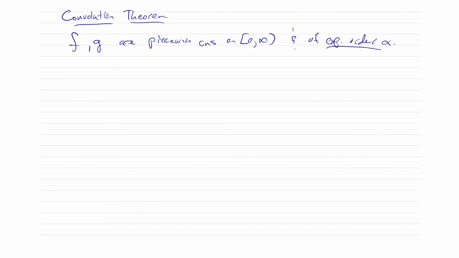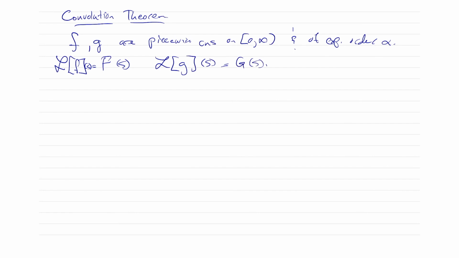So this just means they have Laplace transforms, right? So we have a Laplace transform of f, which we'll call big F of s, and a Laplace transform of g, which is called big G of s.